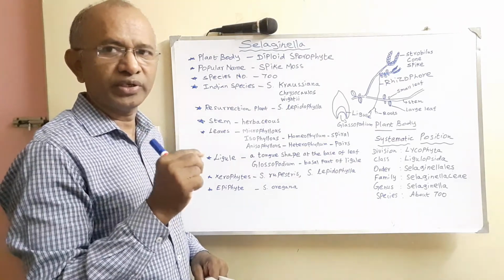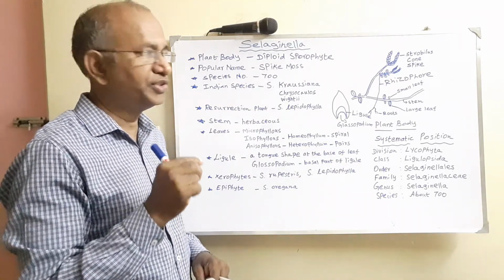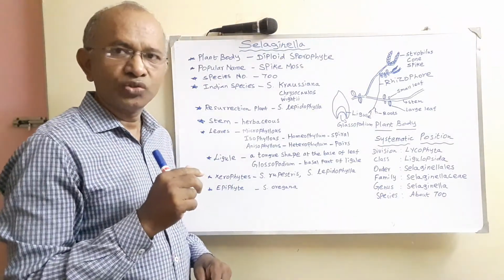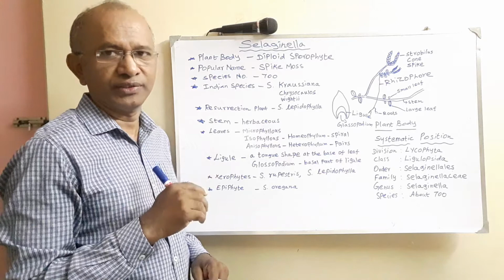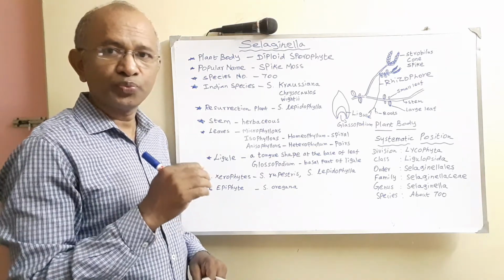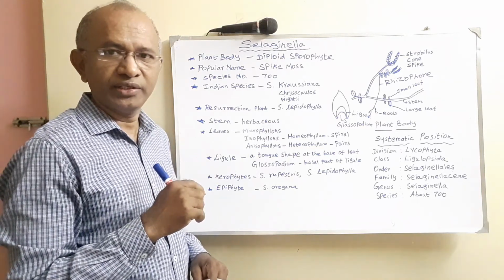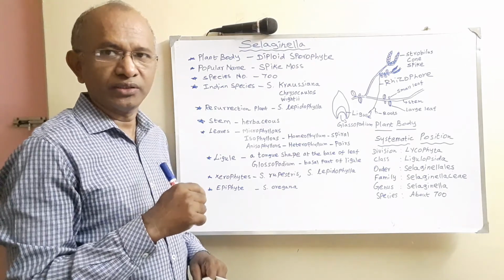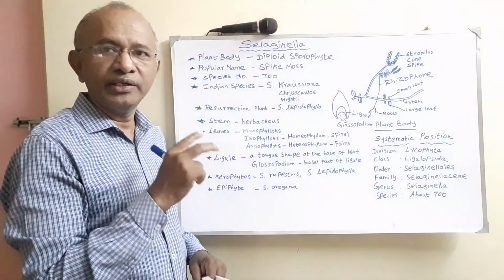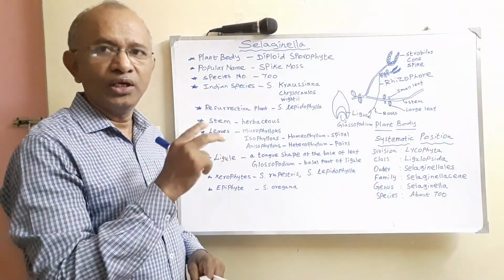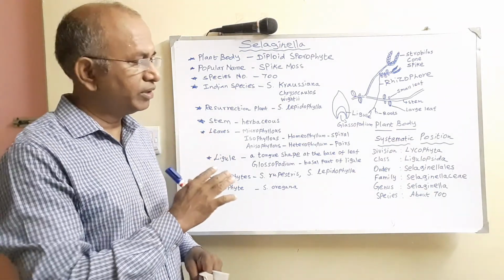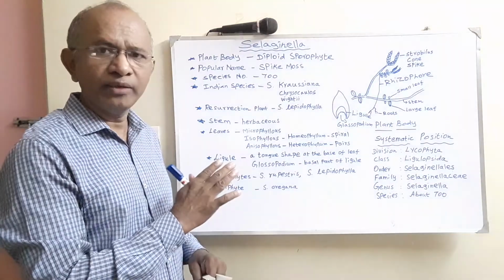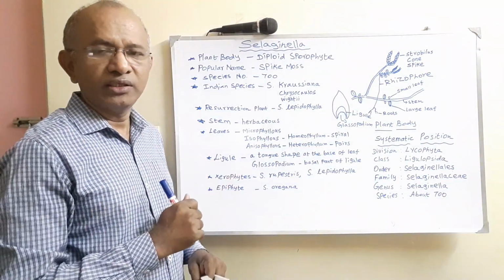Sporangia are the spore bearing structures, so inside them spores are present. Those spore bearing structures are known as the cone or spike or strobilus. So this is about the plant body of this particular Selaginella.